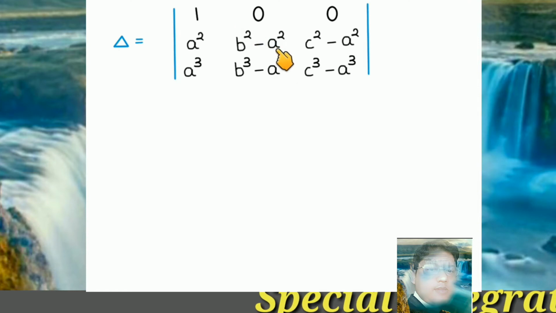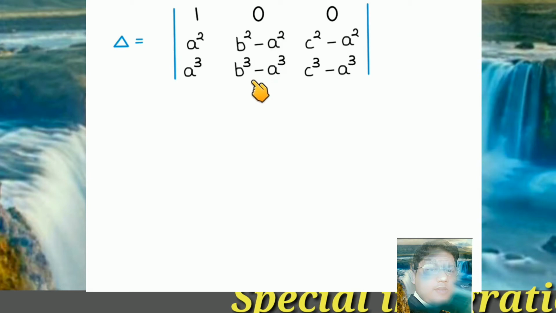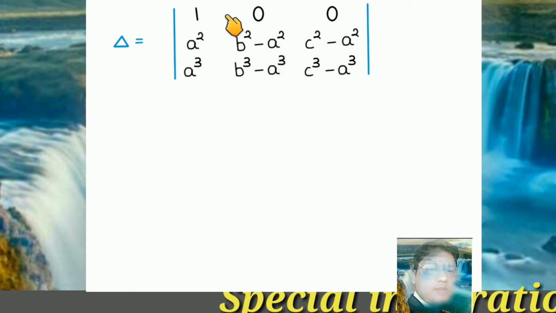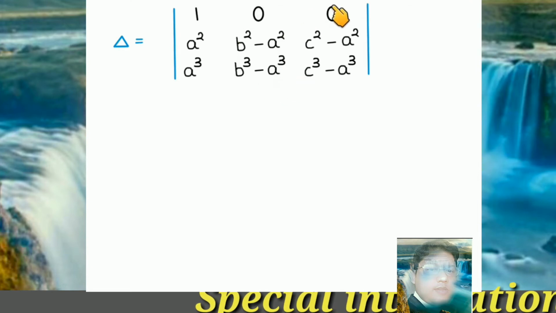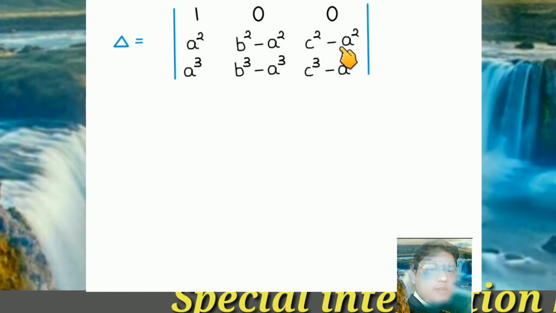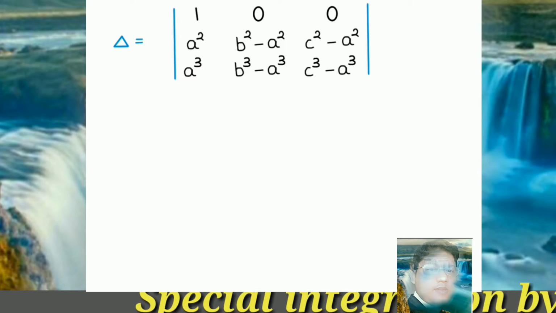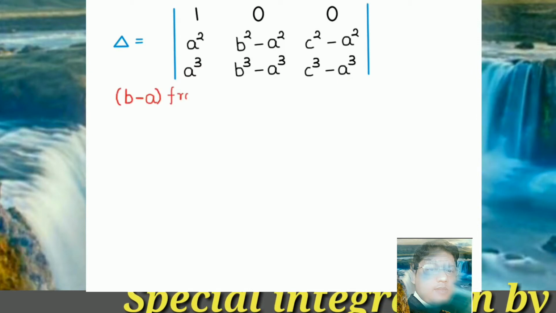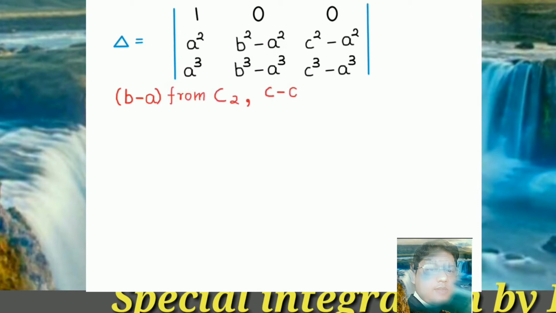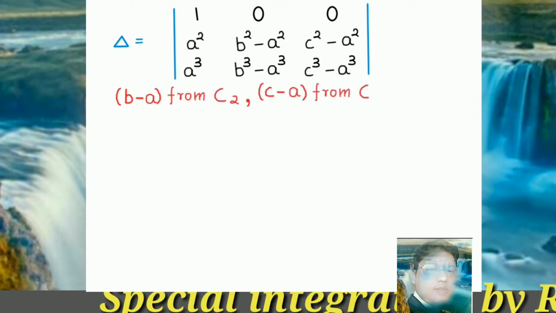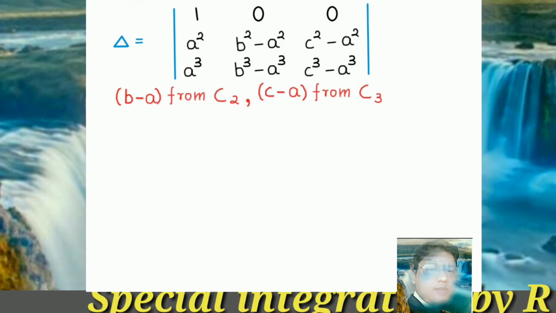If I expand the identities B square minus A square and B cube minus A cube, I get B minus A from C2 and C minus A from C3.